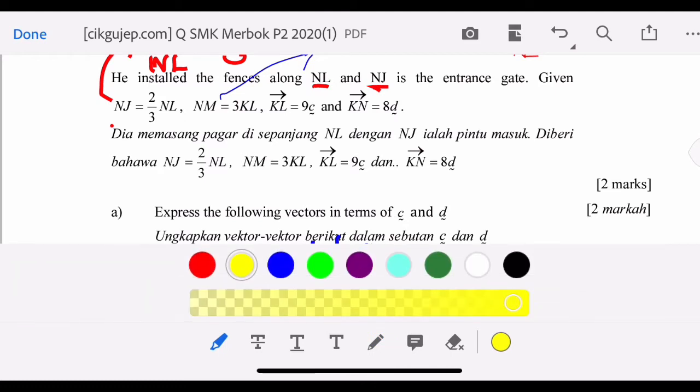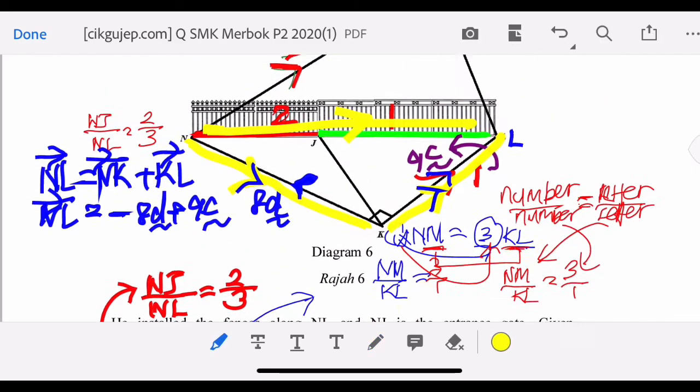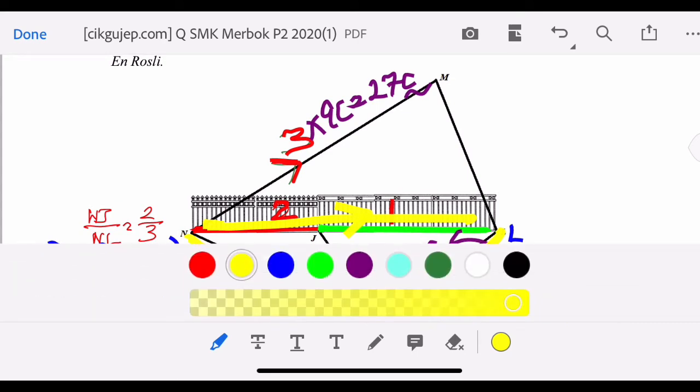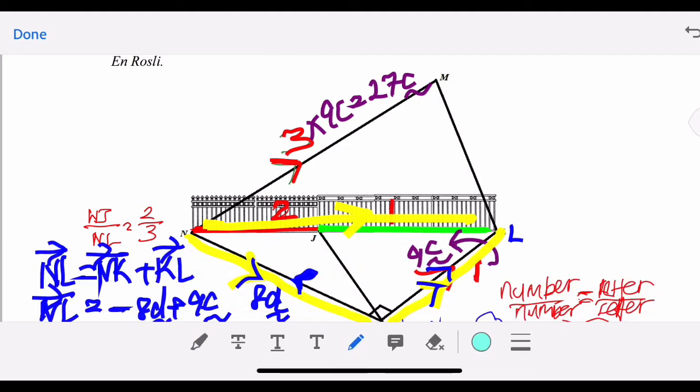Now we need to solve the next one. Okay, let's study the diagram. So now we have to work on the diagram for vector. We can't actually get the answer without working on the diagram, alright?